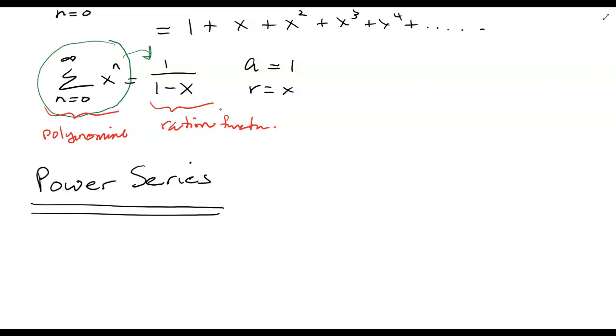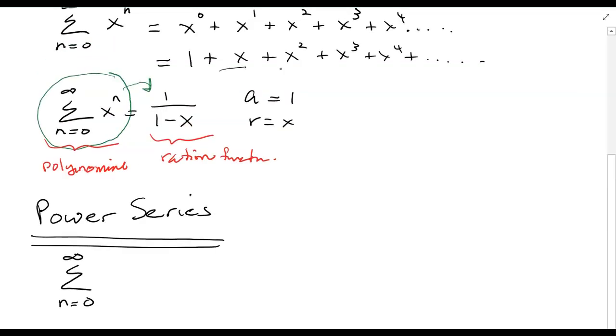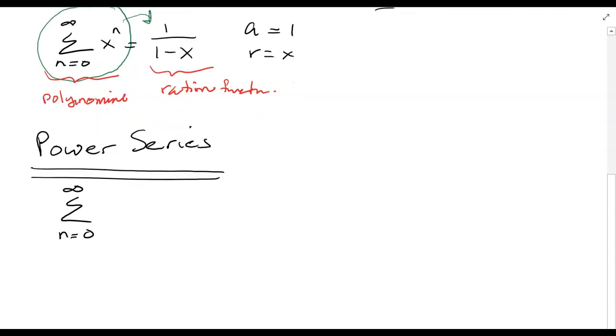So let's put some general definitions. The summation of n equaling 0 to infinity. Now what we didn't have is a coefficient of this polynomial. Each of them just had a coefficient of 1. So we're going to add in a coefficient for our definition. We're going to call it c sub n, because the coefficient could be different for each term. We don't know what those coefficients are right now, of x to the n. So what does that look like?